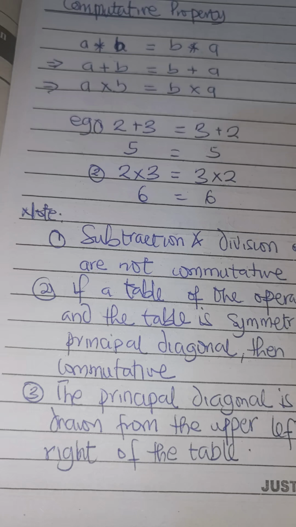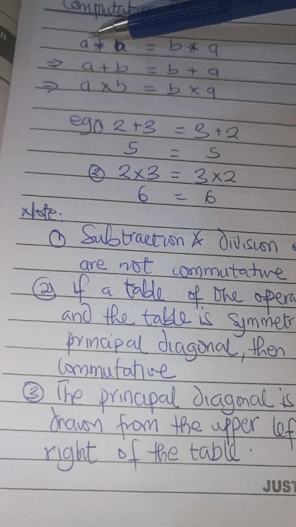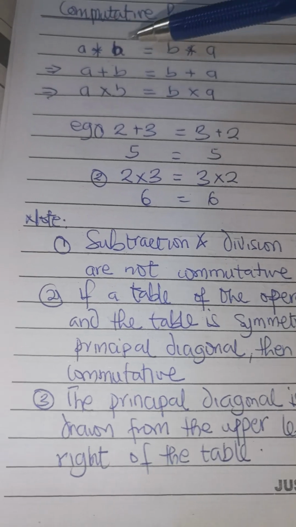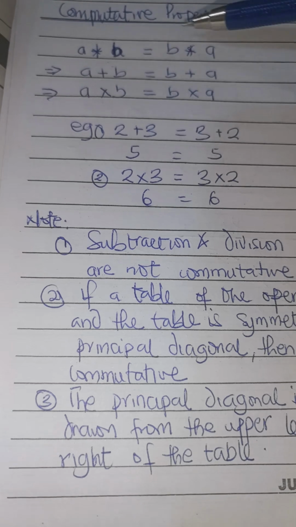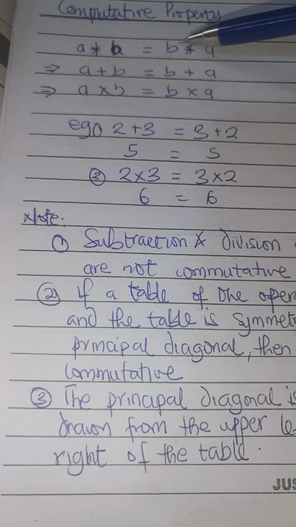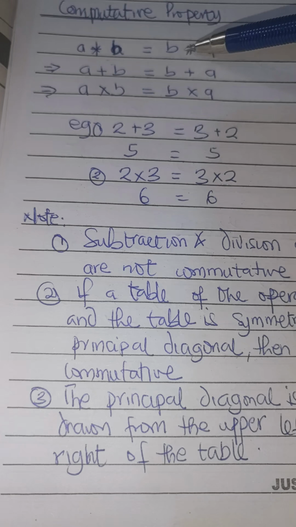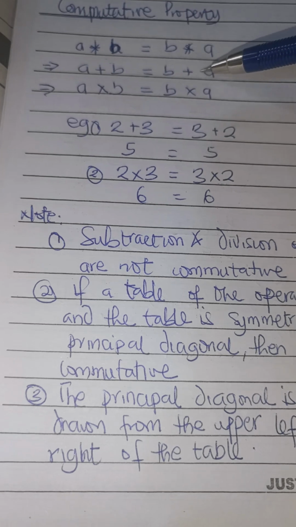The number of operands, meaning the number of variables or numbers that can be involved, is only 2 for commutative. You can see A and B, and on the other side B and A, the same variables, and there are only two. Then the operator is 1.